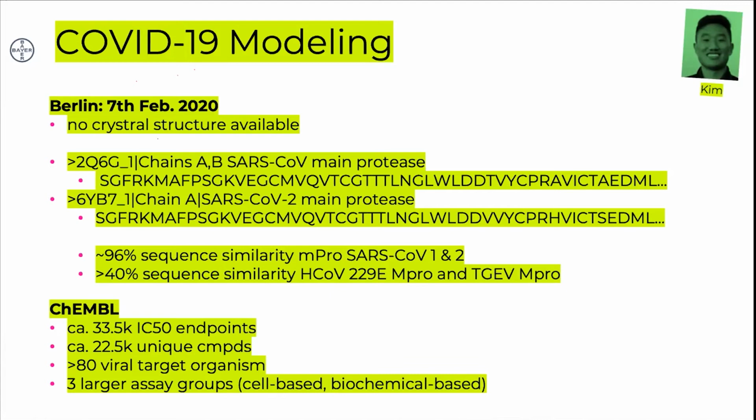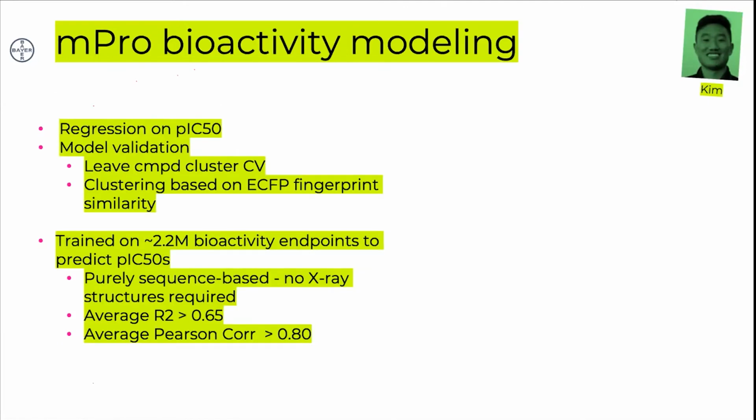Here we also see the problem that there were three larger assay groups, mostly cell-based and biochemical assays. And that was our start. What have we done? We trained our model on the regression pIC50 task. For model validation, we used leave-compound-cluster-out cross-validation.